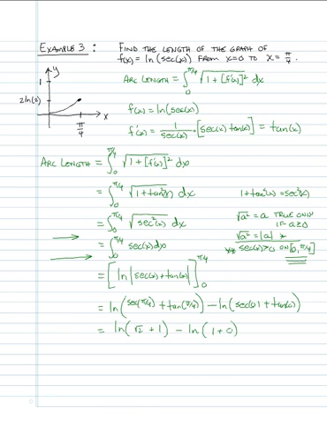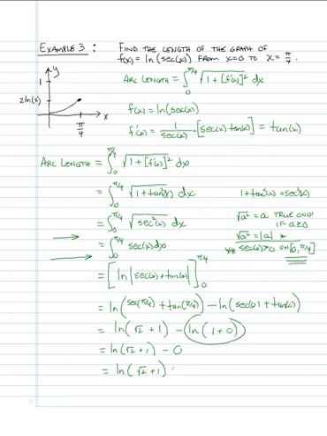And then we can simplify a little bit further, because what we do know additionally is that the natural log of 1, and that's what we have here, isn't it? The natural log of 1 is 0. What exponent do you put on e to get 1? And of course that's 0.